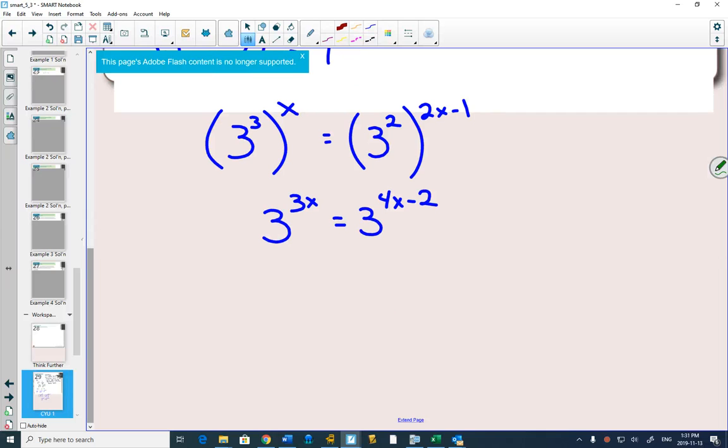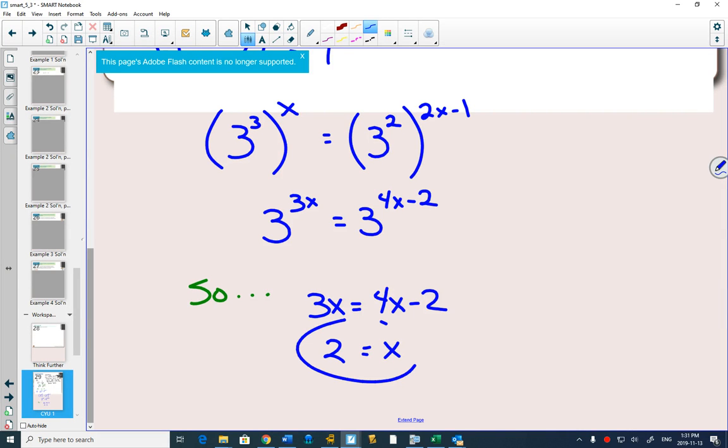So this is the part where I use logic and say, I know that 3x has to equal 4x minus 2. Rearranging, bring my 3x over, moving my 2 over. x has to be equal to 2.